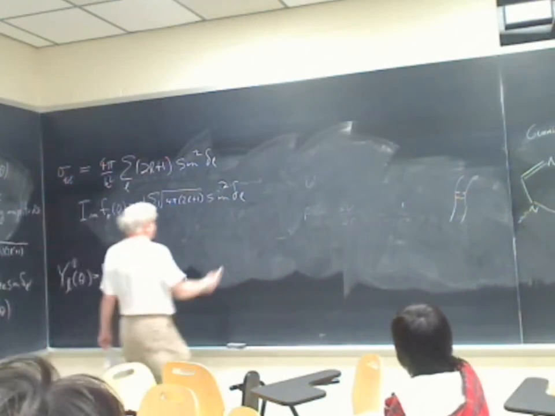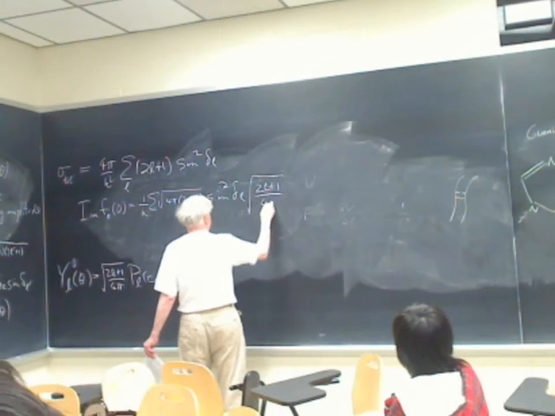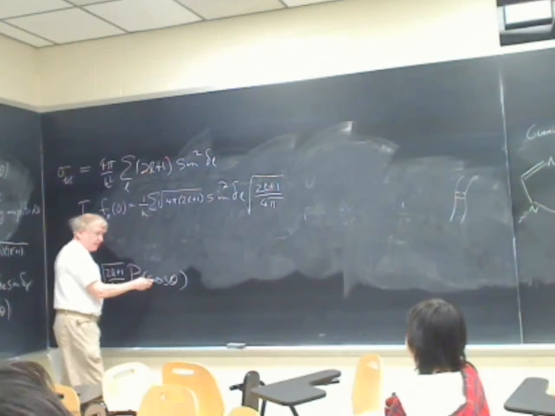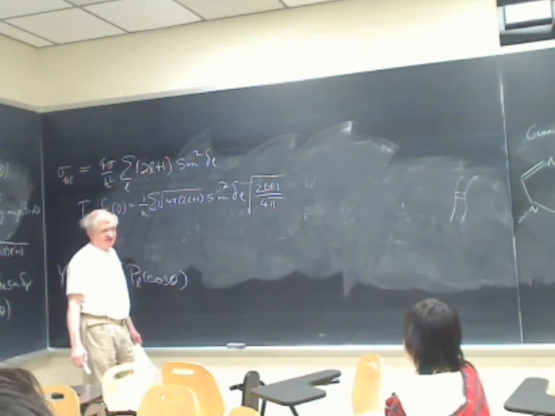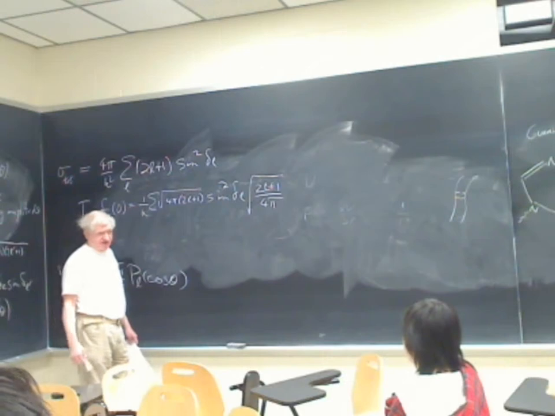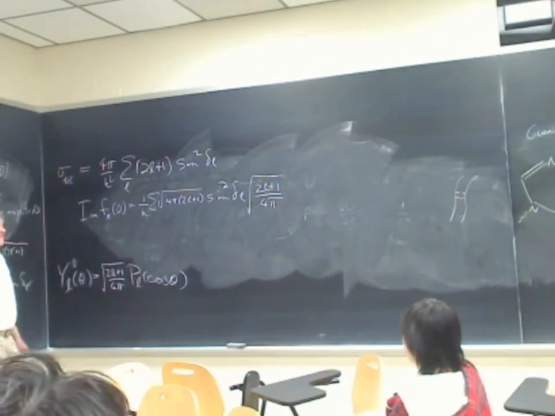So we get that, and then we get a square root of (2L plus 1) over 4 pi, and then P_L for theta equal to 0. Well, that turns out to be 1. The Legendre polynomial P0 is the number 1. P1 of theta is cosine theta. Cosine theta is 1 when theta equals 0. Now that doesn't prove it for all L, but it's true.